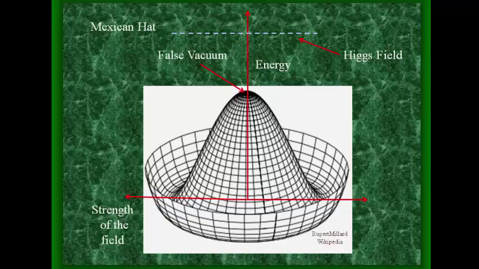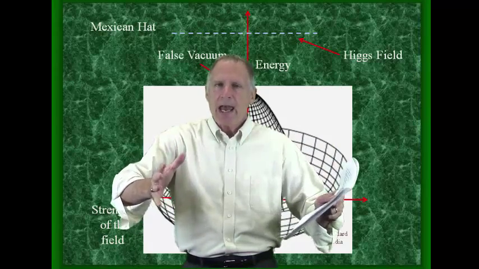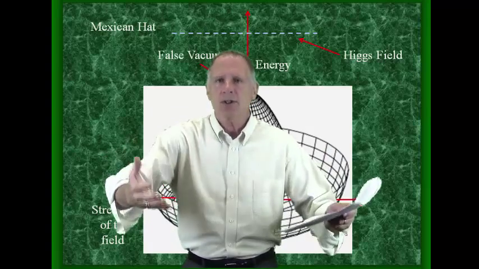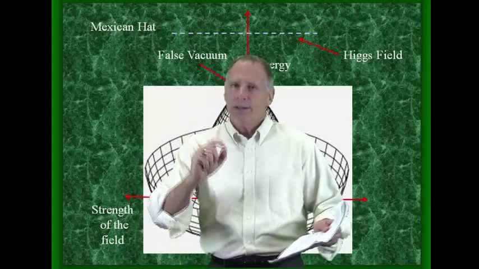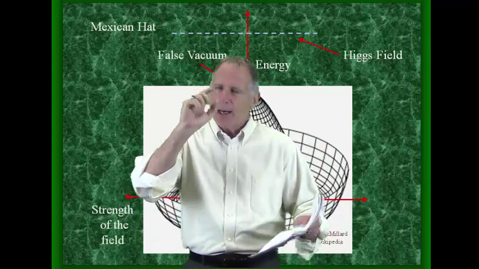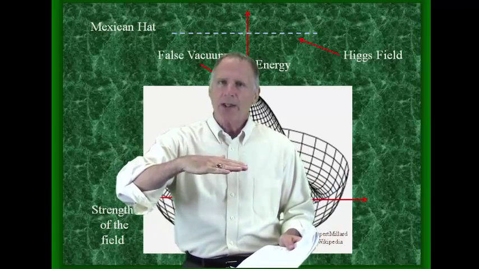So if it's flat, I want you to think of the universe as coming down energy-wise. When the universe is expanding, the energy is going to decrease. And so when it hits that hat, and the energy has decreased and the universe has inflated a little bit, not much more than a very tiny amount, like the size of an atom, it's going to hit that false vacuum.